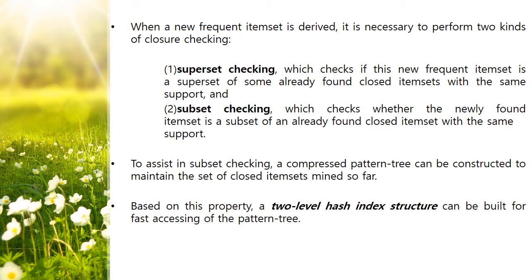And subset checking checks whether the newly found item set is a subset of an already found closed item set with the same support. To assist in subset checking, a compressed pattern tree can be constructed to maintain the set of closed item sets mined so far. Based on this property, a two-level hash index structure can be built for fast access of the pattern tree.